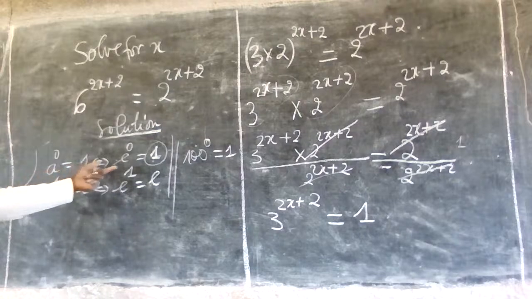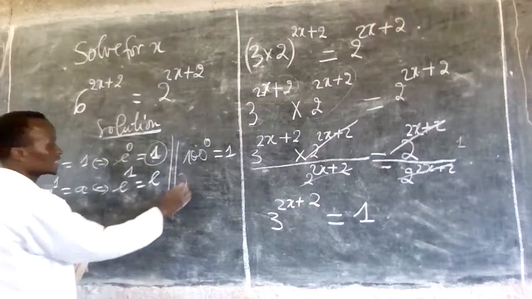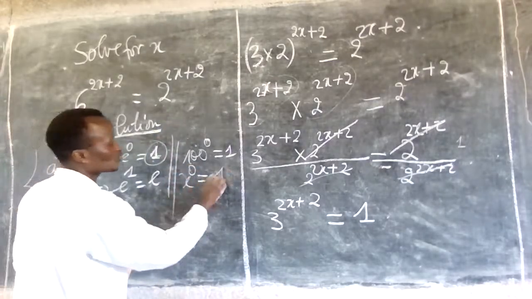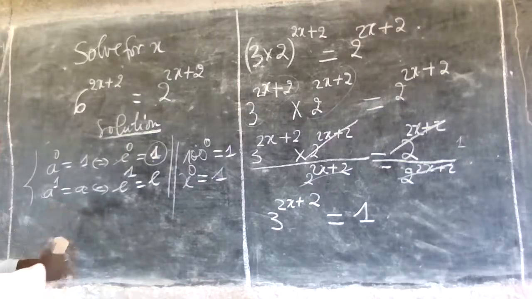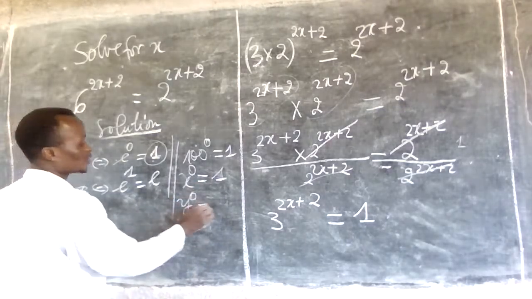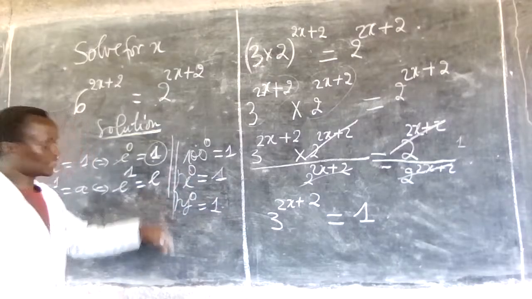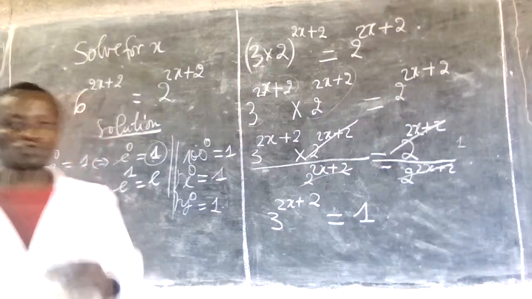Any number power 0 is equal to 1. Even if it is x power 0, it is also equal to 1. Even any letter, y power 0 is equal to 1. Any letter, any number power 0 is equal to 1.